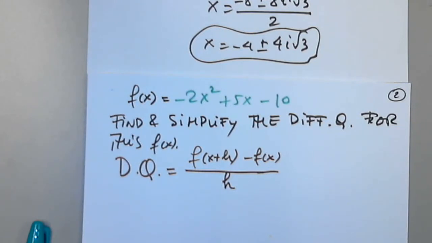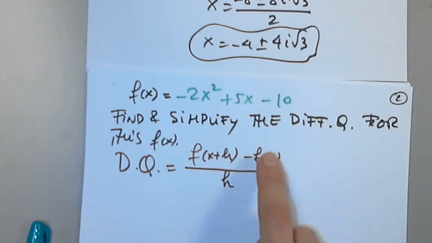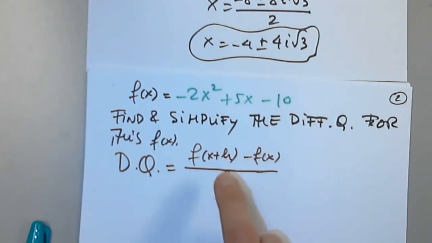In order to find and simplify the difference quotient, I'm looking at this expression and I'm asking myself how many pieces I have here. First of all, 3 pieces. I have this piece, I have this piece, and I have this piece. Which of these 3 do I need to determine? Two of them I can't do anything to.